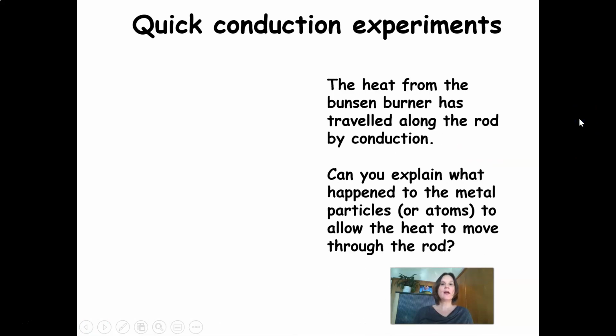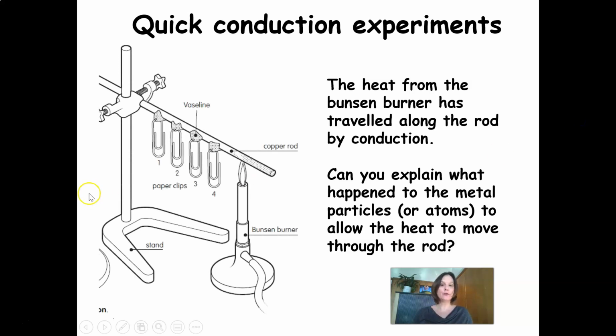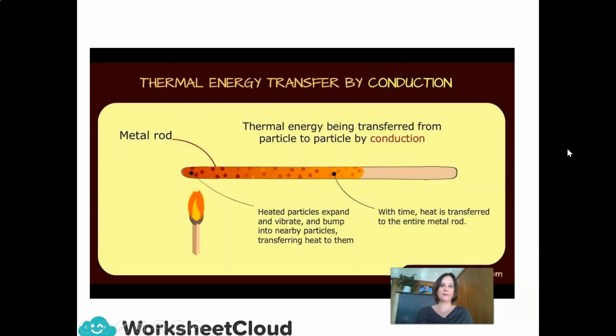The heat from the Bunsen burner has traveled along the rod by conduction. Can you explain what happened to the metal particles or the atoms to allow the heat to move through this metal rod over here, from what I've already told you about conduction?